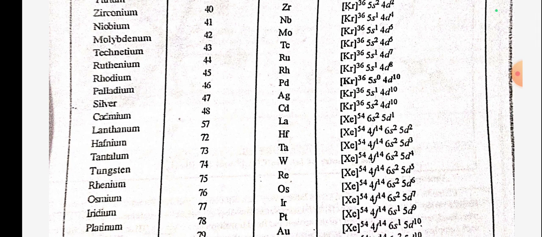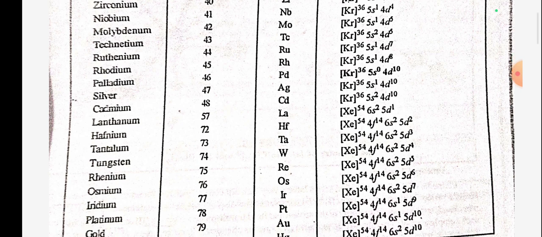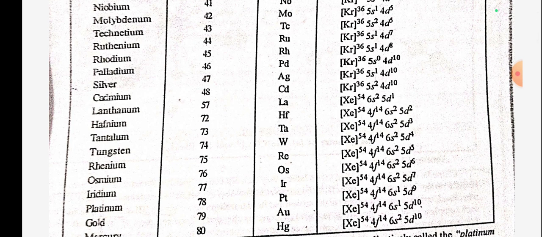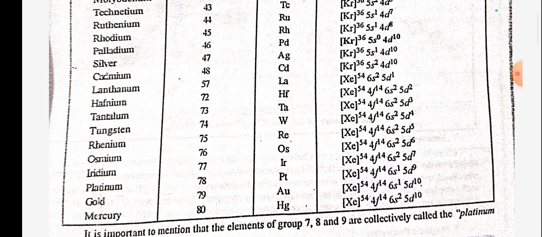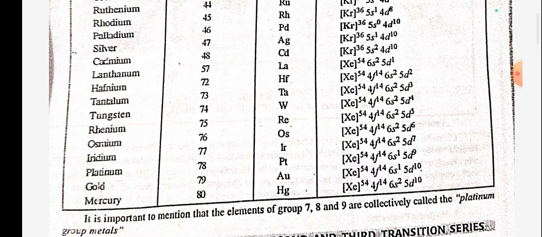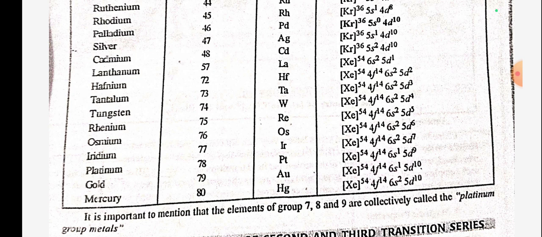Ruthenium 44, Ru, Kr 36 5s1 4d7. Rhodium 45, Rh, Kr 36 5s1 4d8. Palladium 46, Pd, Kr 36 5s0 4d10. Silver 47, Ag, Kr 36 5s1 4d10. Cadmium 48, Cd, krypton 36 5s2 4d10.